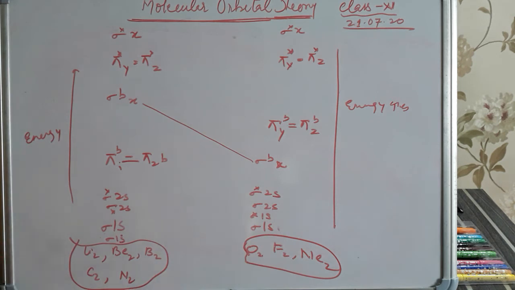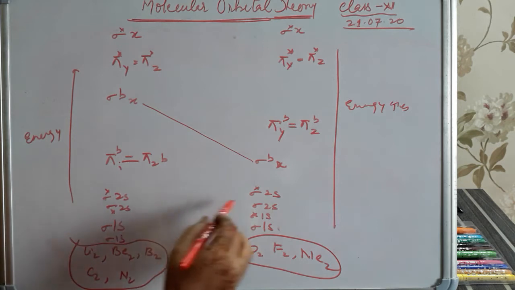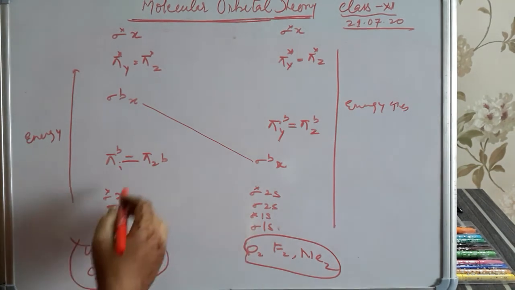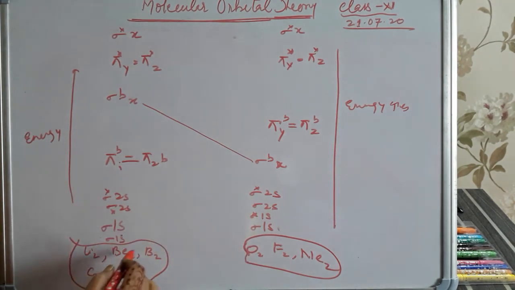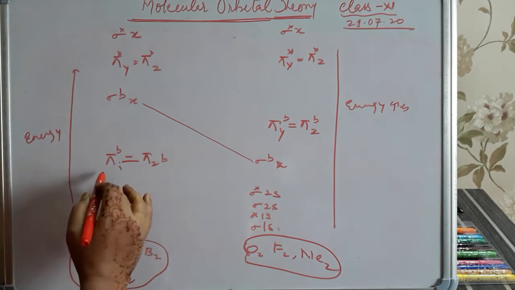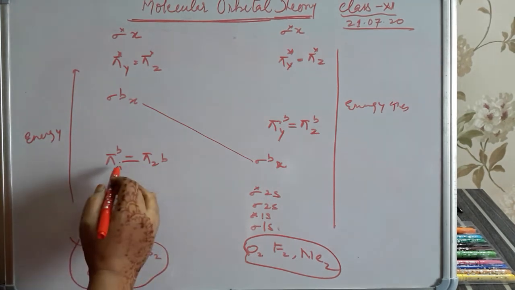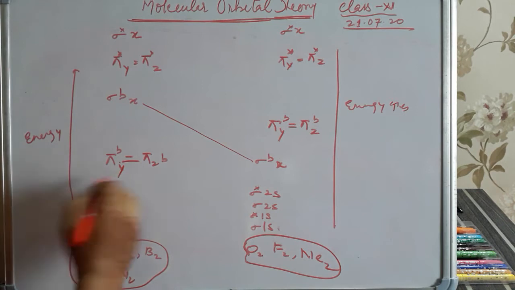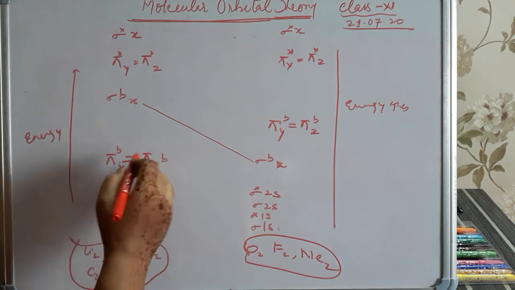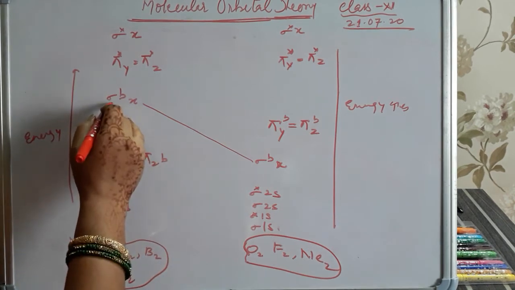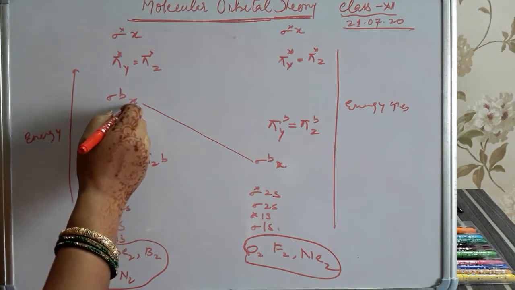In both cases, the first 4 orbitals are common, but after that, in the case of lithium, beryllium, boron, carbon, nitrogen, pi x, pi y and pi z come first, then the sigma bonding x orbital.